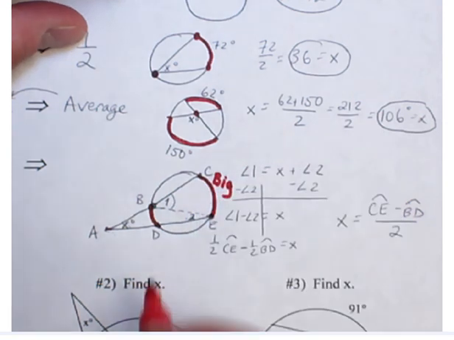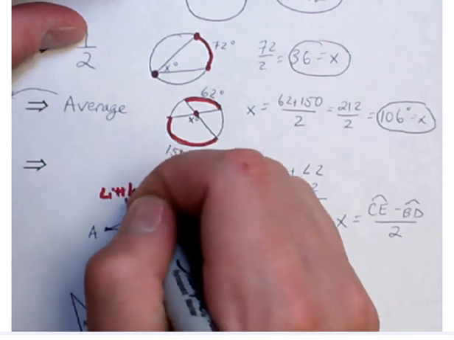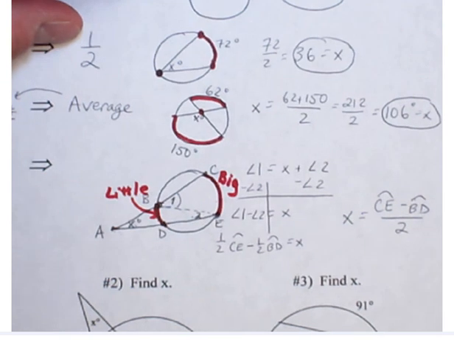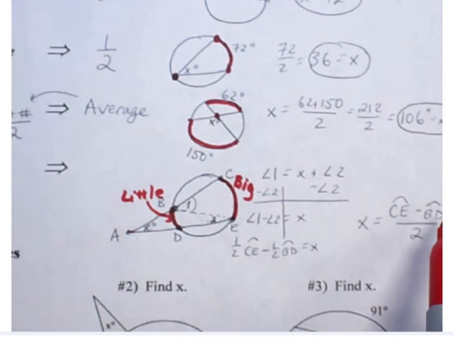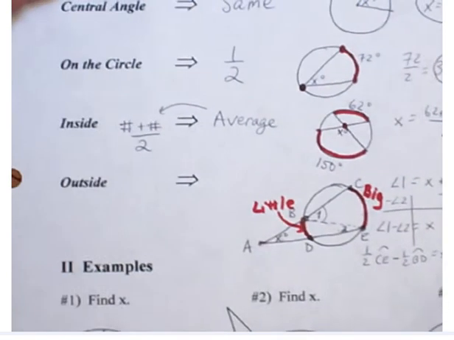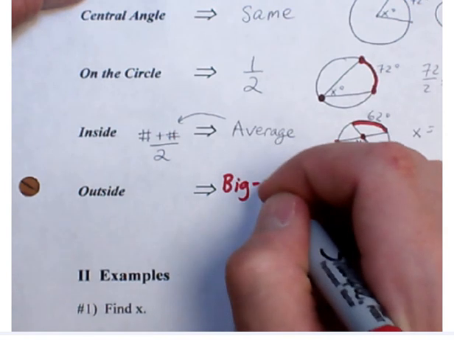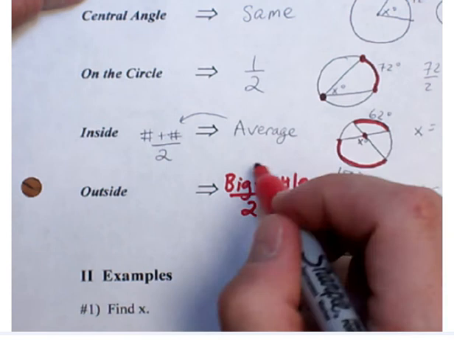And BD, I'm going to call that the little arc. So the big arc is CE, the little arc is BD, so we subtract them. Outside angle, we take the big arc minus the little arc, and we divide by 2. That is the relationship.